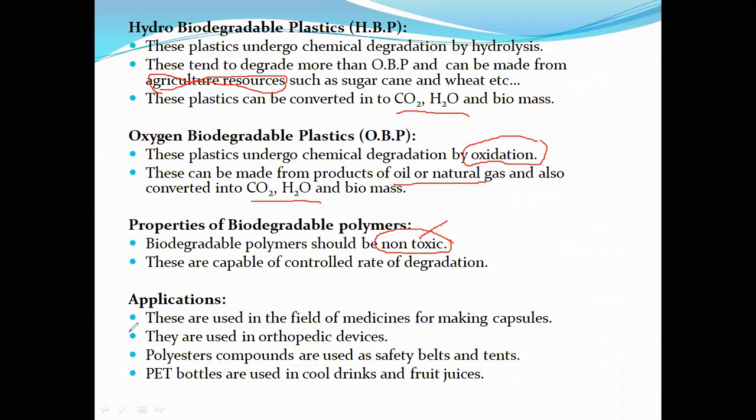Next, they are used in the field of medicine, in capsules. We take a capsule along with the medicine; the outer body of the capsule is made of plastic. The medicine enters the human body, which contains the intestine. At the intestine it is easily hydrolyzed, and it has 100% biodegradation character and non-toxic character.